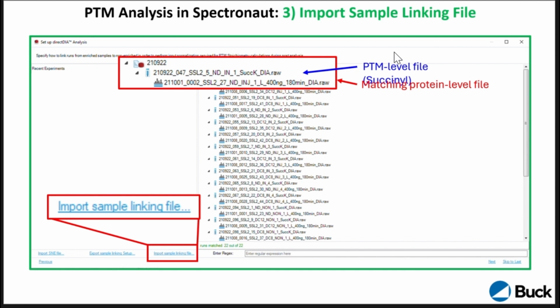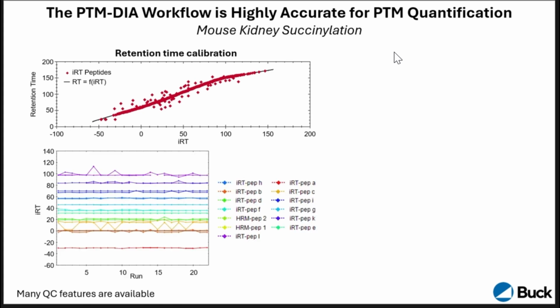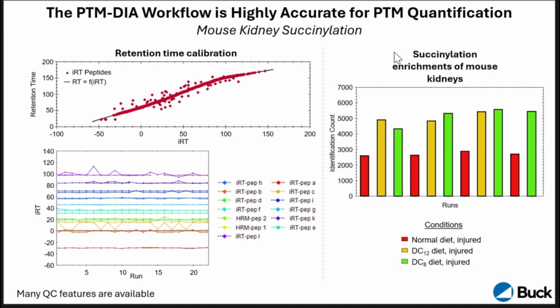So the setup is very easy, and then we can use all the normal Spectronaut features to look at retention time regression. We can use the retention time IRT peptides, and then also you can see some plots where, for example, you can already see the normal diet in red.